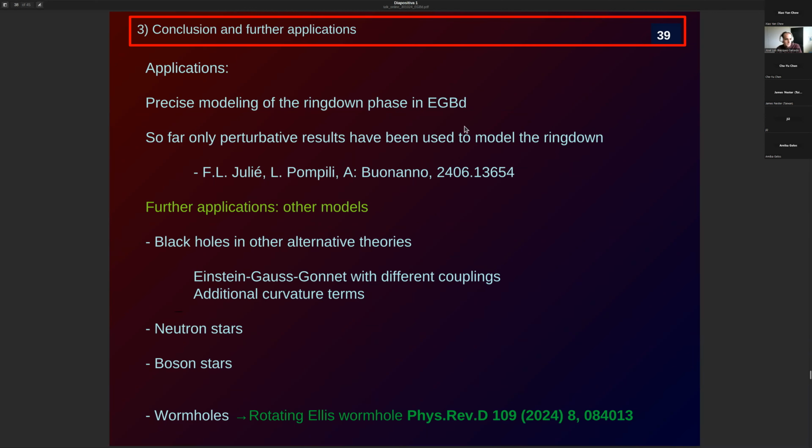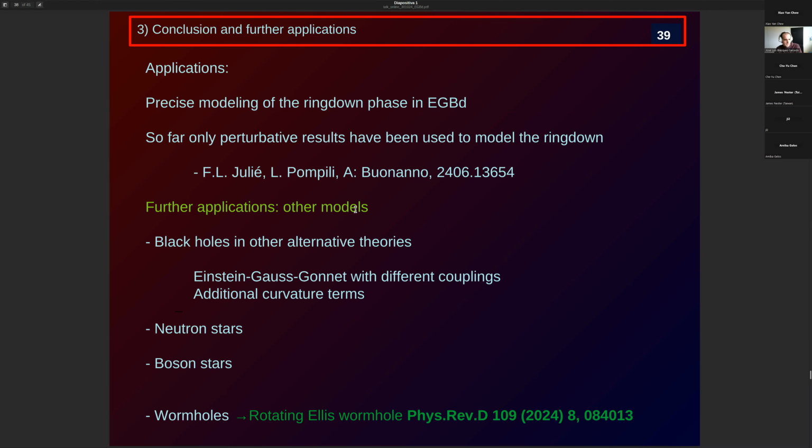So far as I know, only perturbative results have been used to model the ringdown phase. For example, in this recent paper also, to treat the ringdown phase, they use the linearized theory with a small coupling constant. So I think it could be interesting to study the full results for fast rotating black holes.